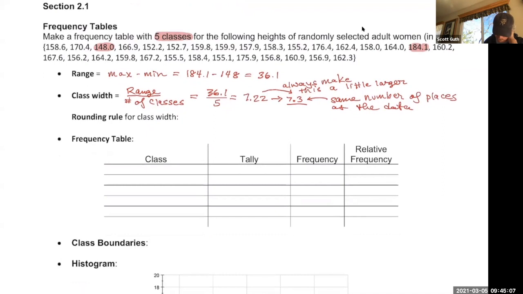Okay, so again, the rounding rule is to round up to a larger number, with the same number of places as the data.